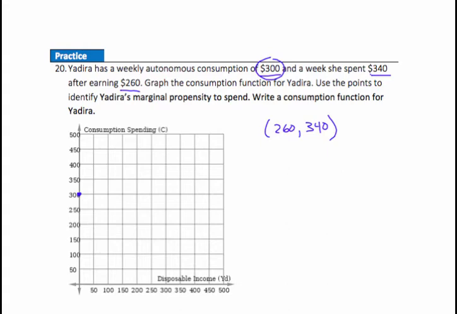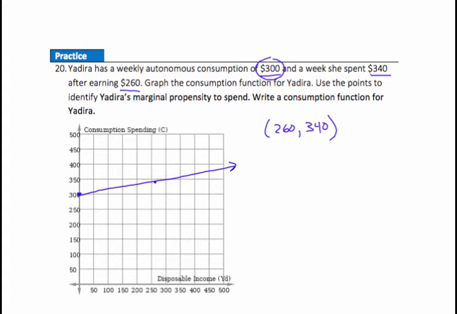So I come over here to $260 and come up to $340. So I'm just going to kind of estimate these things on the graph. We're not going to be totally accurate with this, but maybe right about there is spending $340 after earning $260. So I'm going to go ahead and graph then a consumption function line for Yadira.